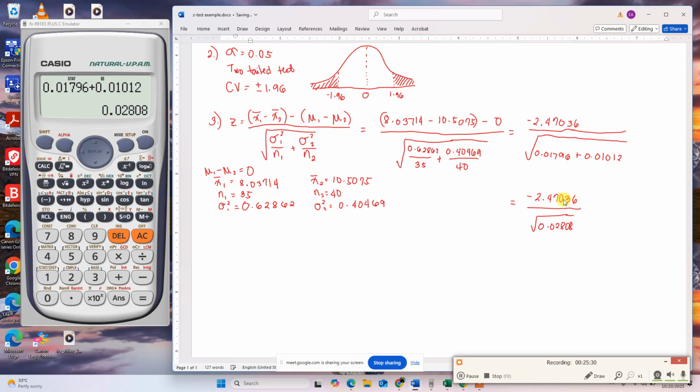Next, the square root of 0.02808 gives 0.16757.